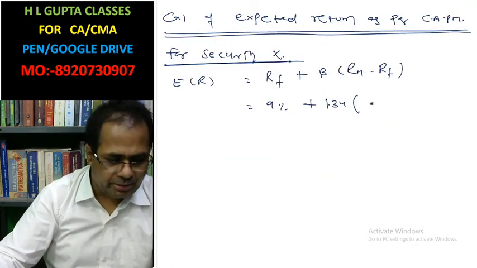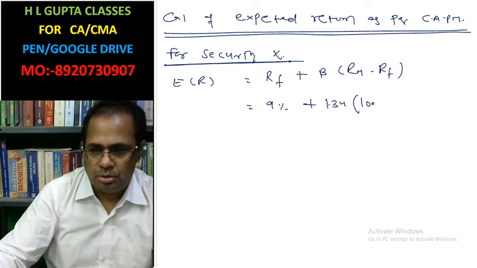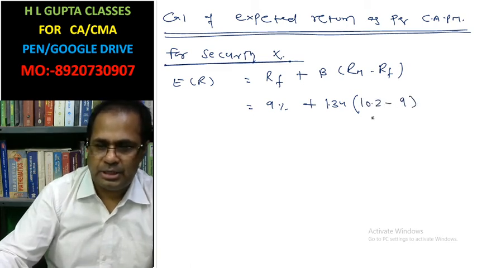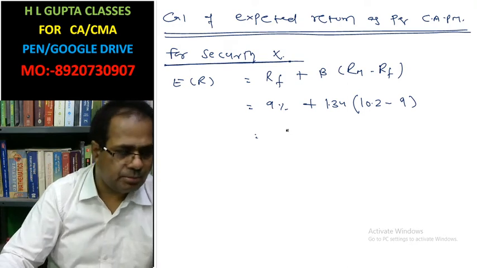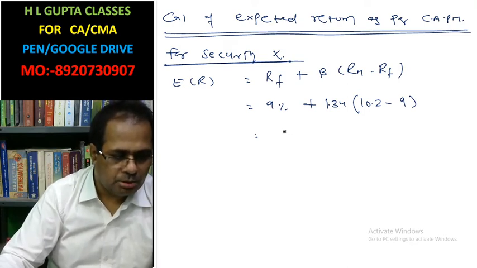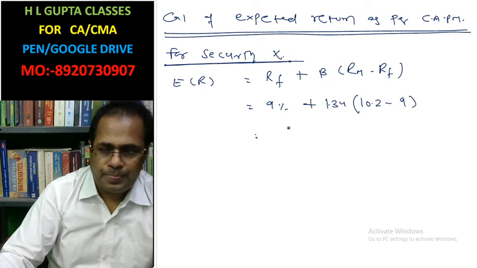Here 10.2 minus 9. And this whole is 10.61.